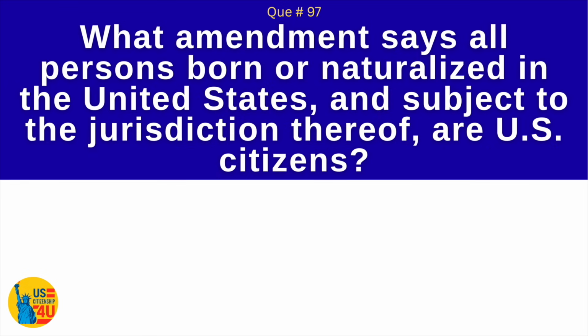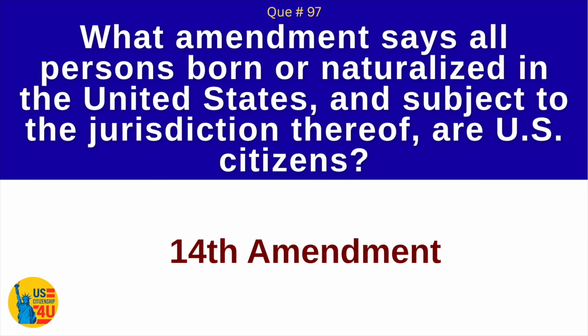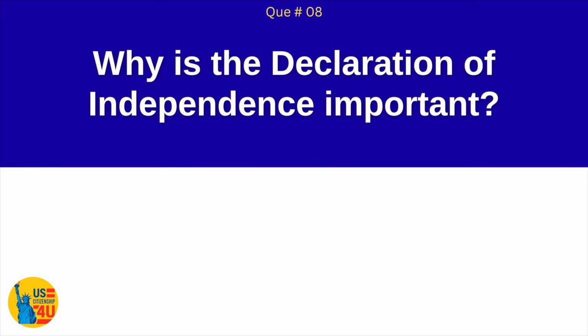What amendment says, all persons born or naturalized in the United States, and subject to the jurisdiction thereof, are U.S. citizens? Fourteenth Amendment. Why is the Declaration of Independence important?